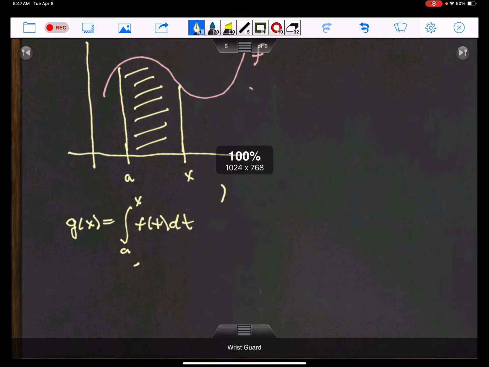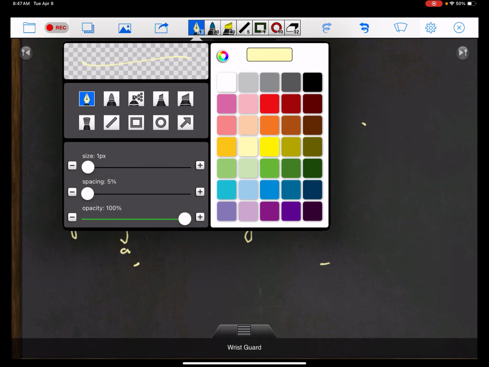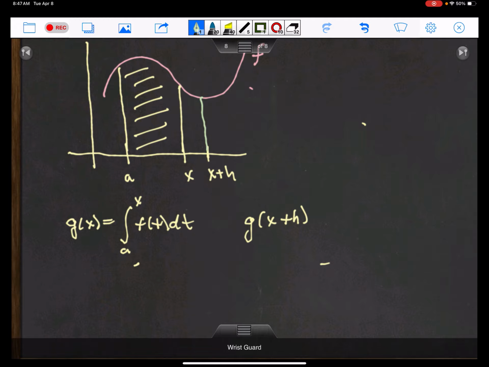But let's consider now g of x plus a little bit more. So x plus h. So I'm going to put that, we'll say that's x plus h. So g of x plus h in a different color would be all of that area, which is the integral from a up to x plus h of f of t dt.